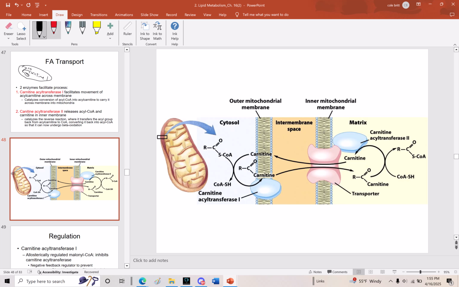We take this fatty acid CoA, get rid of the CoA, which is dropped off, and add a carnitine to it. That allows us to transport into the intermembrane space, and then, I am going the wrong way, aren't I? Never mind. The matrix, sorry, I just went the wrong way.